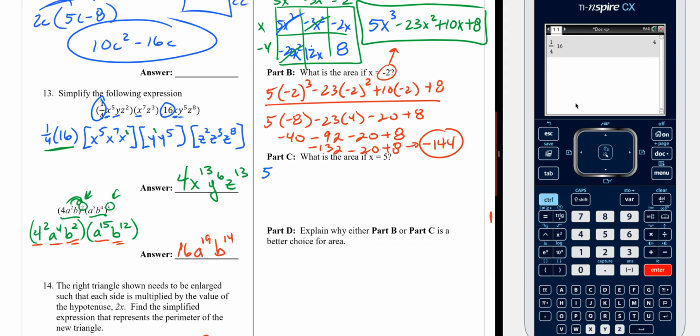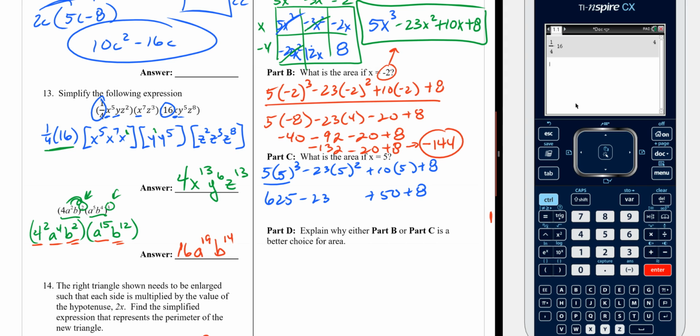Same thing. 5 times positive 5 cubed minus 23 times 5 squared plus 10 times 5 plus 8. This really just becomes 5 to the 4th, which is 625, and minus 23 times 5 squared plus 50 plus 8. Nope.